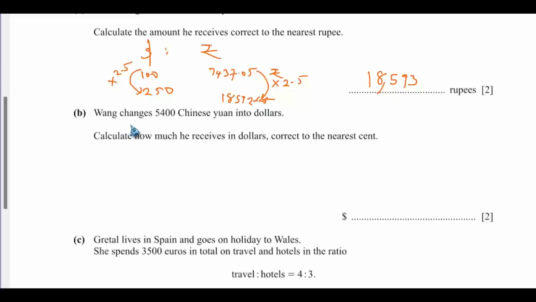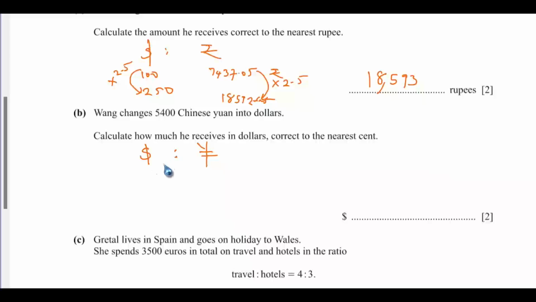Part B. One changes 5,400 Chinese yuan into dollars. Calculate how much he receives in dollars correct to the nearest cent. So we have the ratio like this again, dollars ratio Chinese yuan.